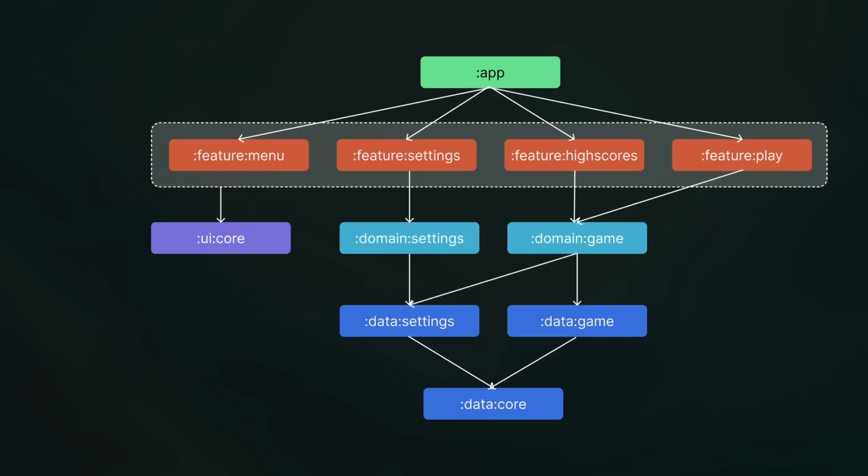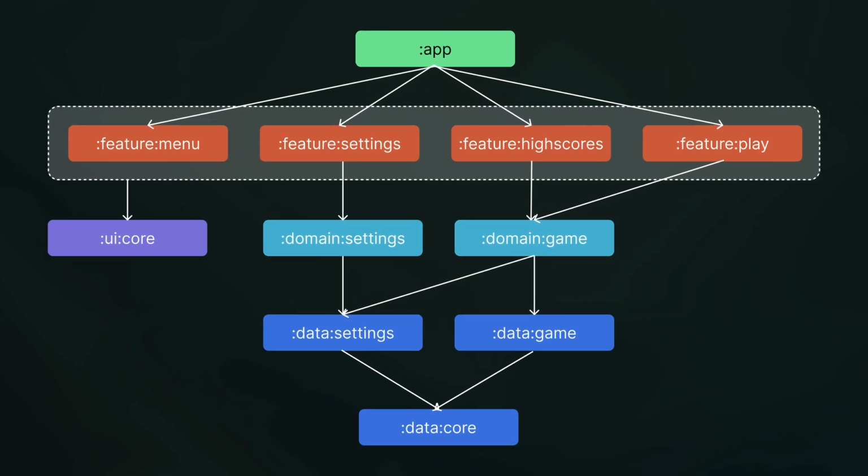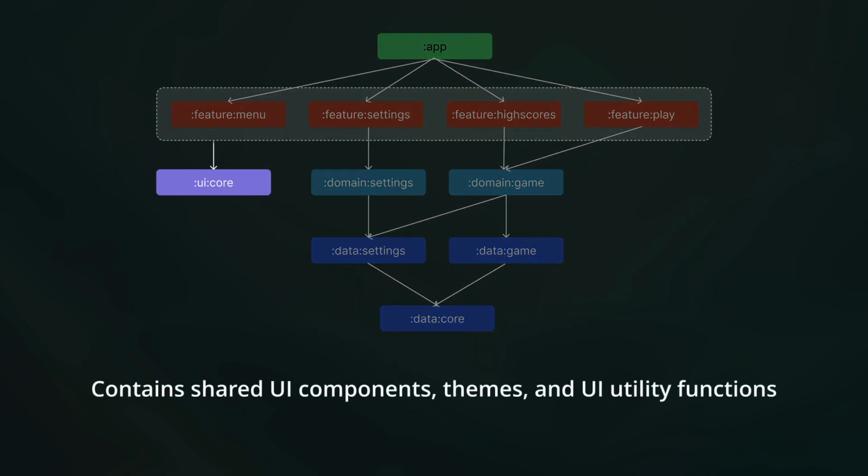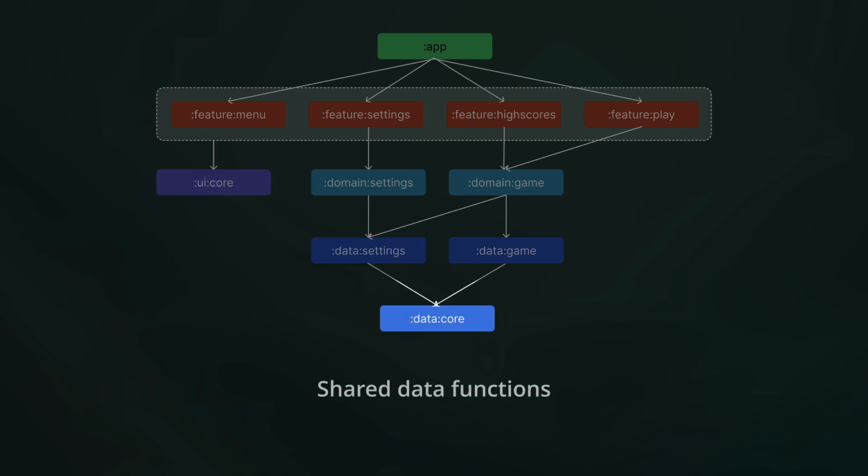In the real world, modules aren't really planned out to this extent at the start of a project. Applications should be created in a way that features can be abstracted out into modules as needed, as the scale and complexity of the project grows. UI Core is a shared UI module for reusable components, themes and styles. Data Core is for shared data utilities such as common repository interfaces.